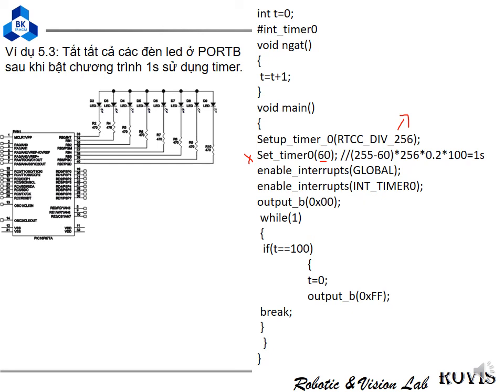Then I set the number of the variable here to 100 times, because this is just 1000 microseconds, multiplied by 100, this will be 100 milliseconds. Then this will be 1 second. And this is the timer module for timer 0.